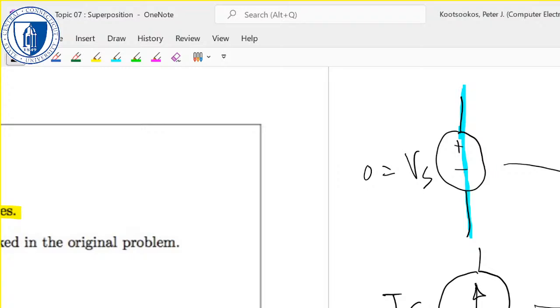So let's think about it. We've got Is equals 0, so there's no current flowing through here. Right, so we've got basically that. It's an open circuit.